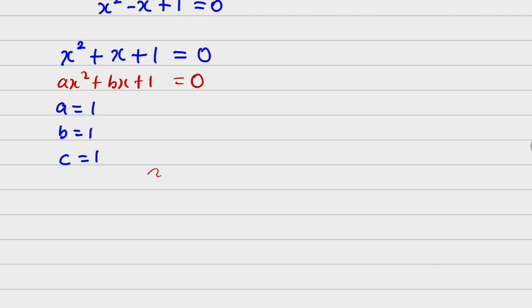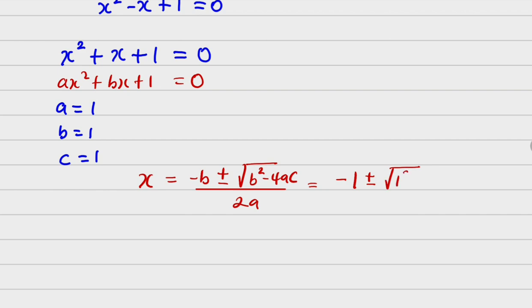So therefore, I'm going to have that my x is equals to minus b plus minus root of b squared minus 4ac all over 2a, which will now be equals to minus 1 plus minus root of 1 squared minus 4 into 1 into 1, okay, all over 2.